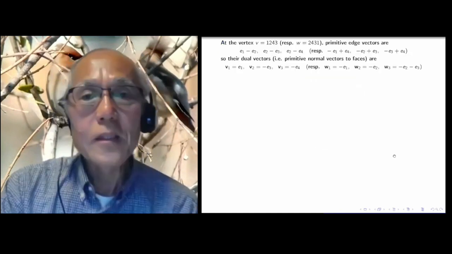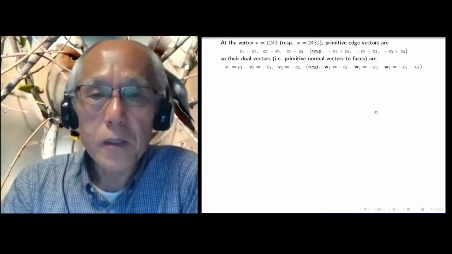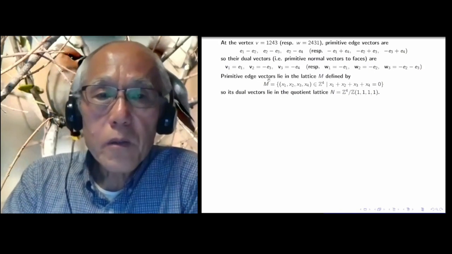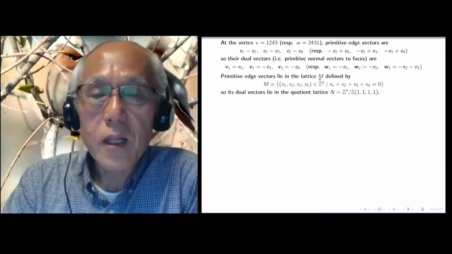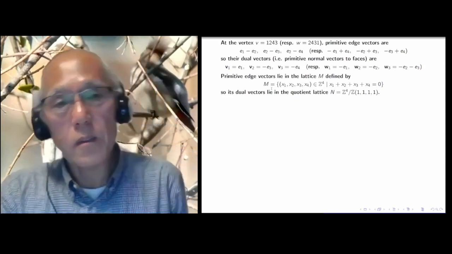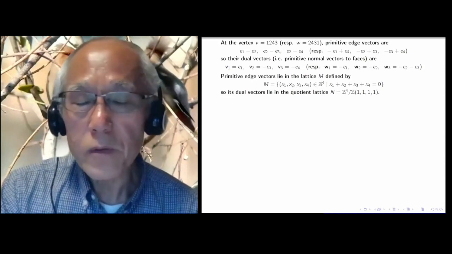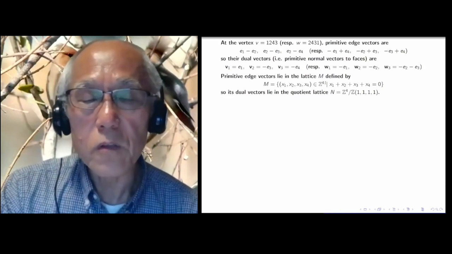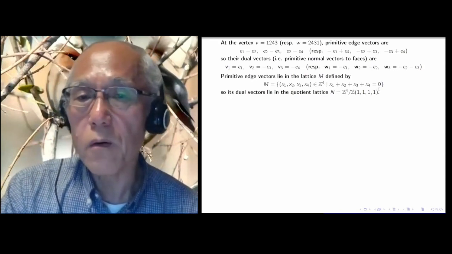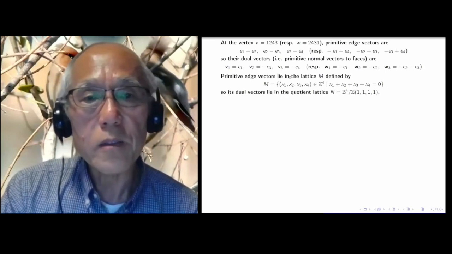Okay, I copied this one from the previous page. The primitive edge vectors lie in the lattice capital M, defined as the sublattice of Z to the 4 with coordinates summing to 0, because they sit in here.